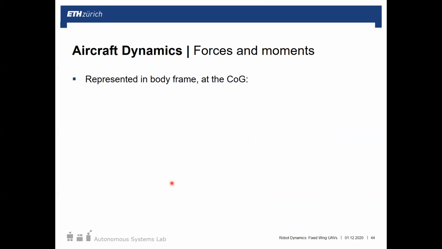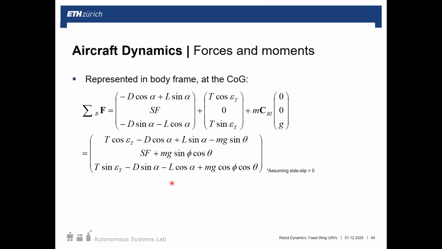Okay, so now that we know what our lift, drag and thrust forces are, we can build up the forces. Basically, we sum everything that we have in body frame. Gravity is also acting in the body frame, so we need to transform that force with the transformation matrix.